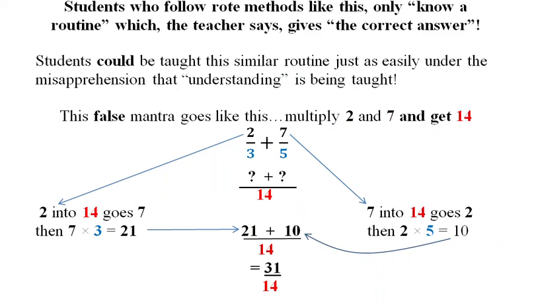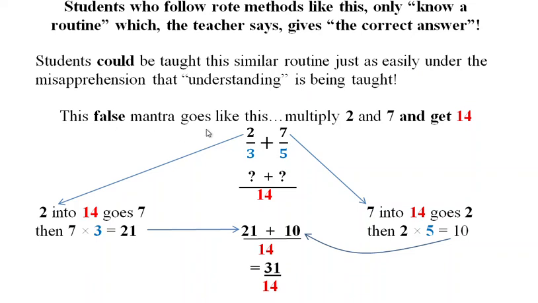Students who follow rote methods like this only know a routine, which the teacher says gives the correct answer. Students could be taught this similar routine just as easily under the misapprehension that understanding is being taught. This false mantra goes like this.